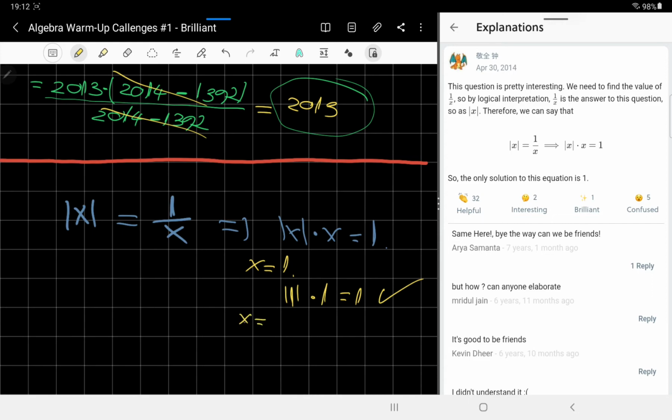And if you would try to see if x equals minus 1, modulo of minus 1 is 1 times minus 1 would be minus 1.